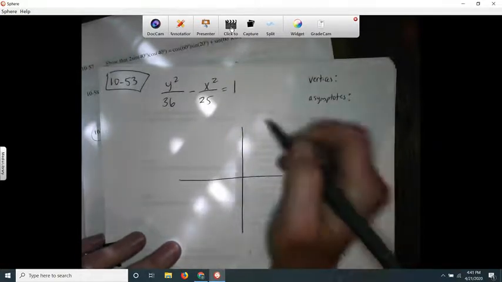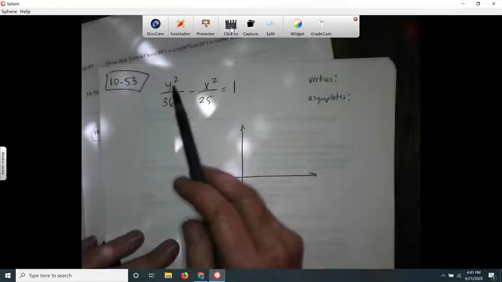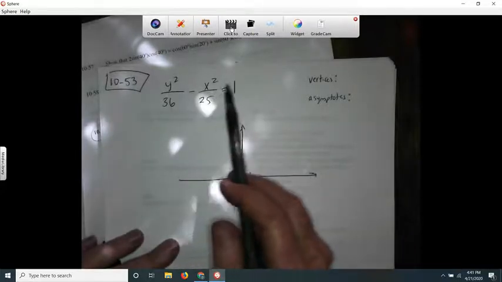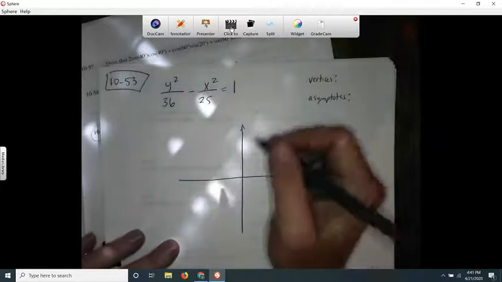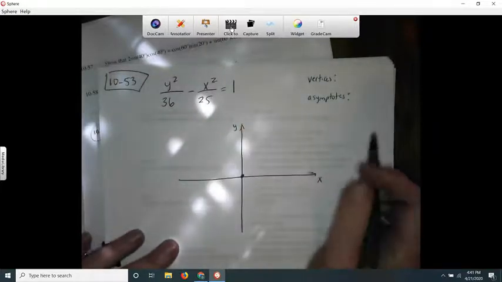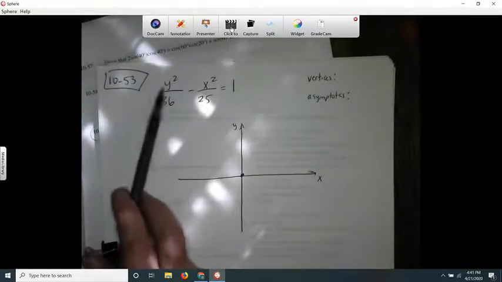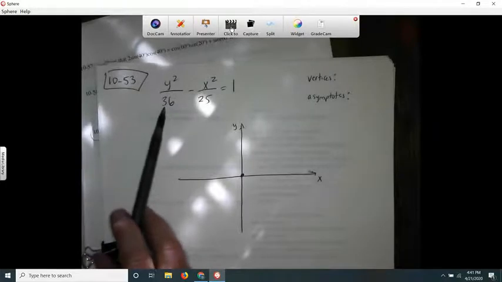You get the center by looking at x minus h and y minus k, but I don't have any h's or k's. So I know that my center is at the origin. This is y and this is x. Now I see that my y squared is the one that's first, and y has a 36 under it.